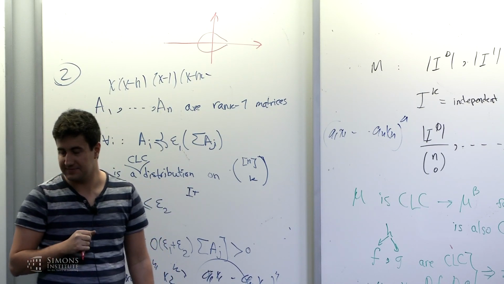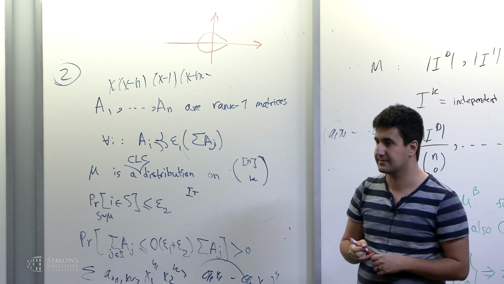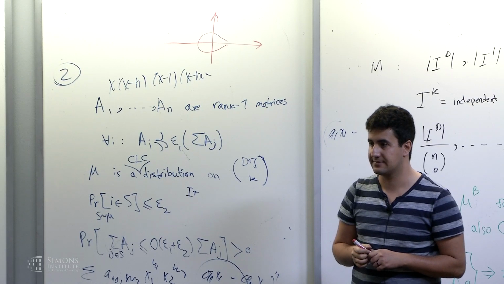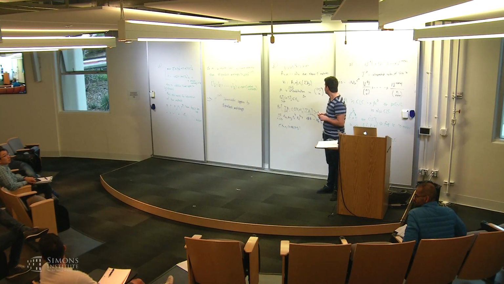Well, he proved: take the Taylor polynomial of degree n of e to the z, plot the roots, then contract them by a factor of n.